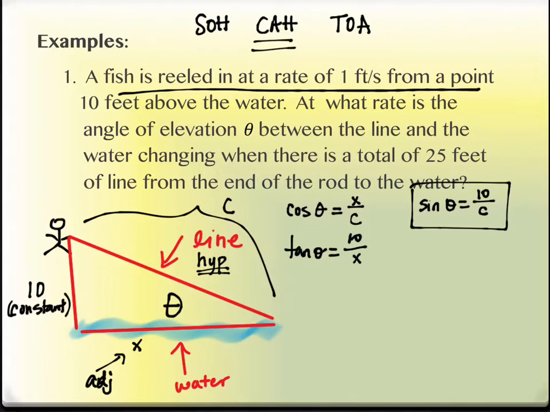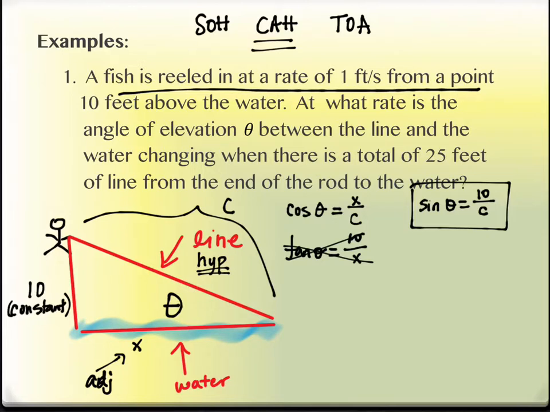But the one that I want needs to include C, first of all, because I know C is 25 eventually, right? So I don't want the tangent one because it doesn't even include the C equal to 25. I need to use C equal to 25. And it's preferable to use the sine one because the 10 is constant and it's not changing.